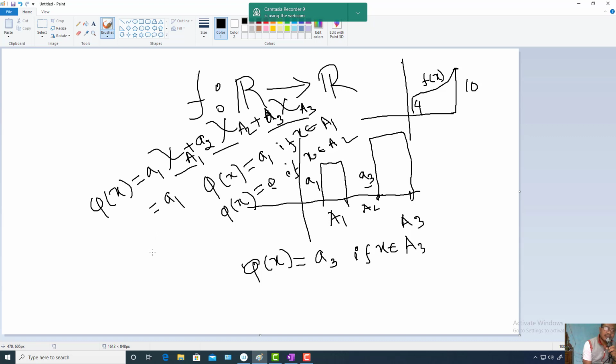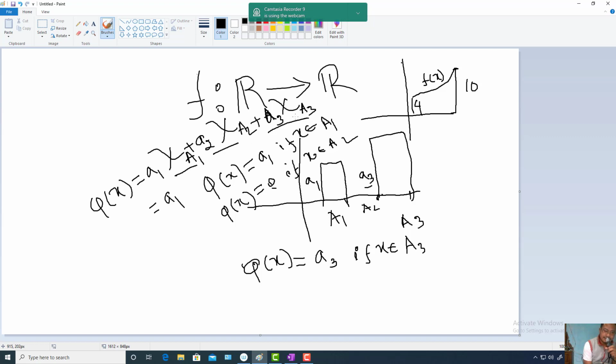Again, when x is a member of A2, x is not a member of A1, so chi A1 of x will be 0, and this part will be 0. Then chi A2 of x will be 1, and 1 times a2 is a2.